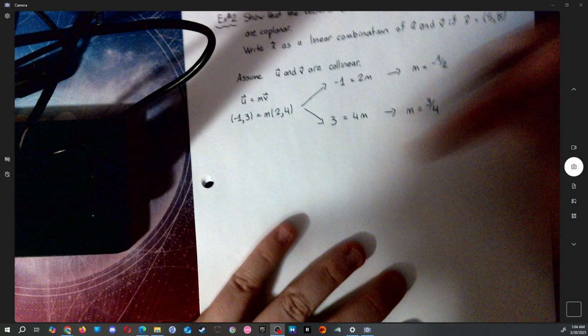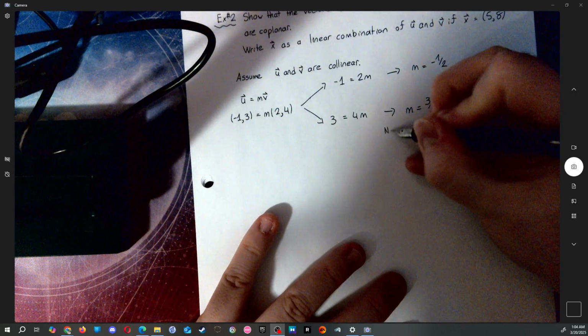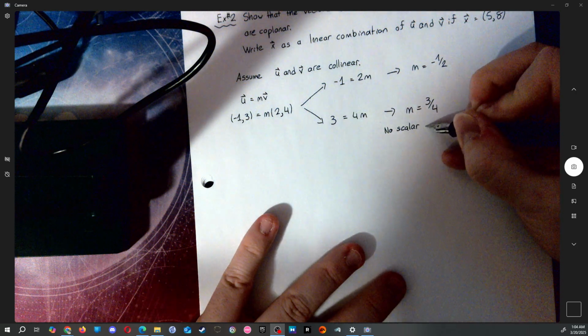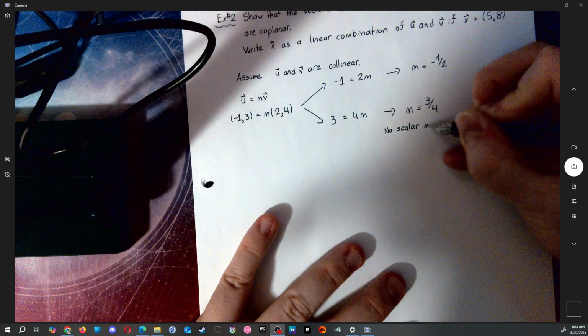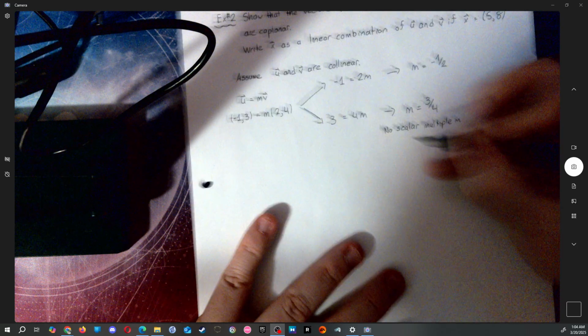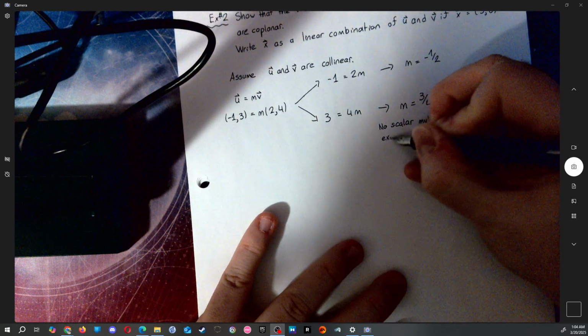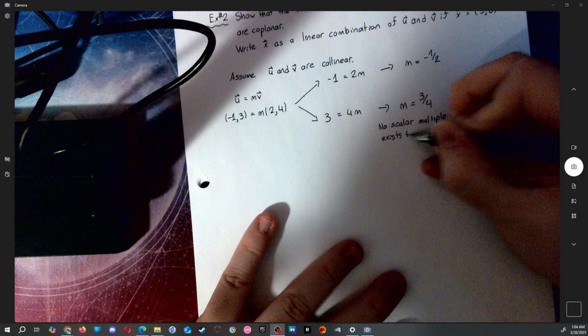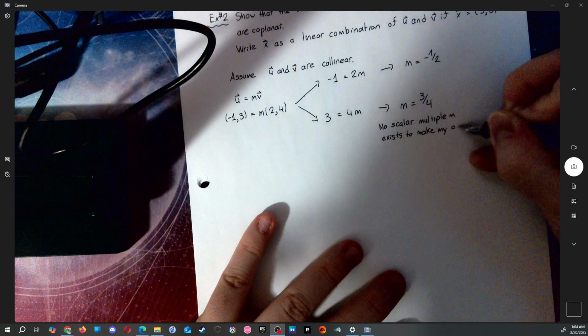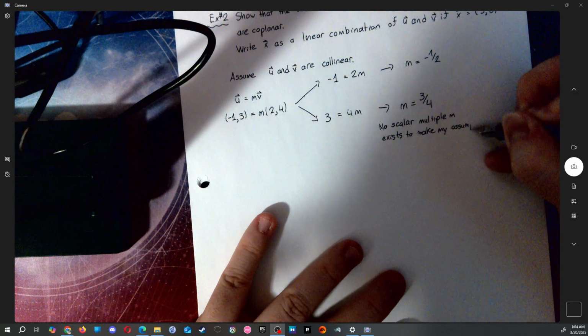So no scalar multiple m exists to make my assumption true.